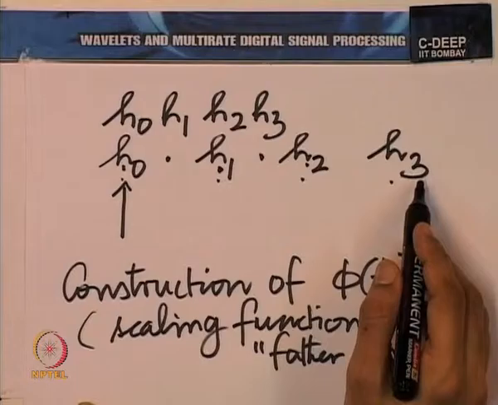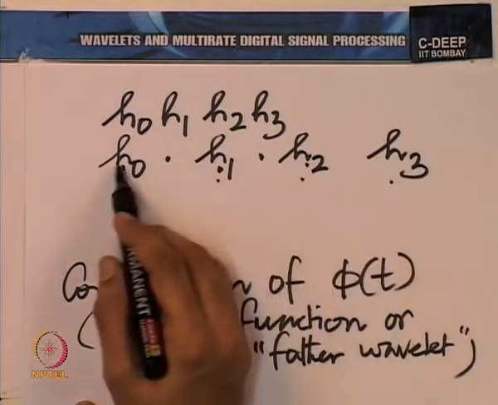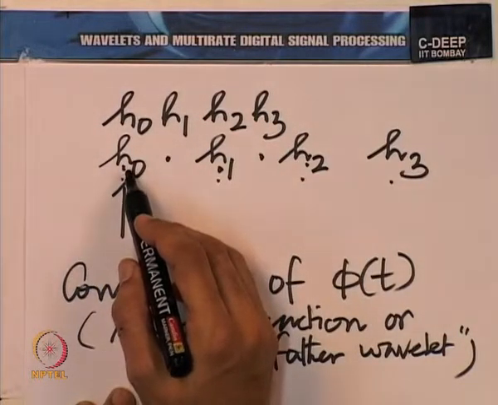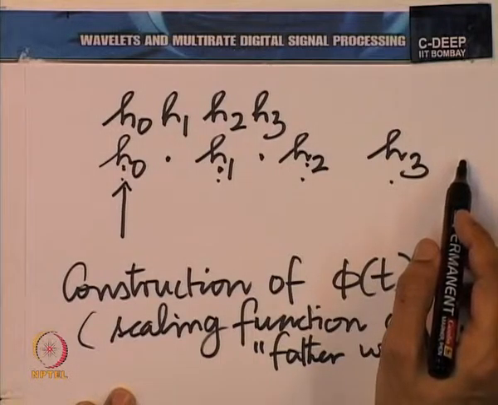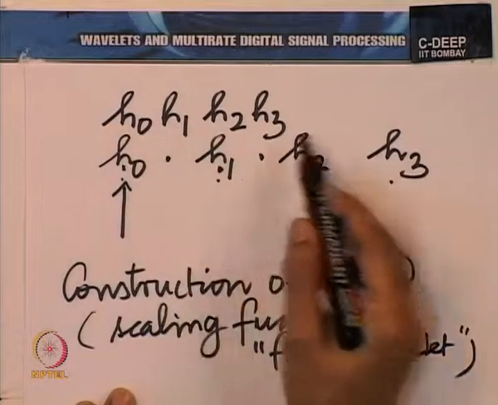I want to explain this point to you. It is a subtle point, but not very difficult to understand. You see, let me go back to this drawing. The first time you carry out this convolution, this with this, you are going to have an extension of the length over which these impulses lie. So, after this step, you can visualize H 0 coming here.